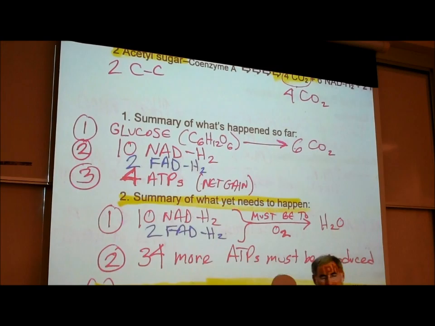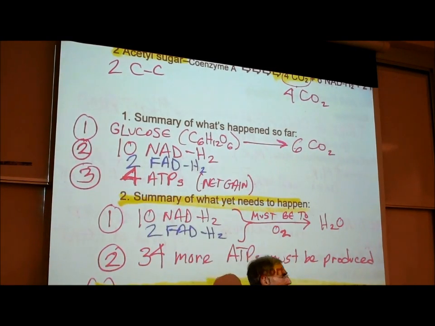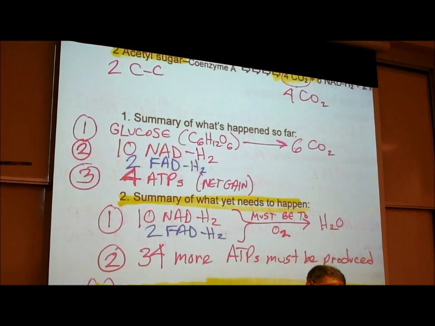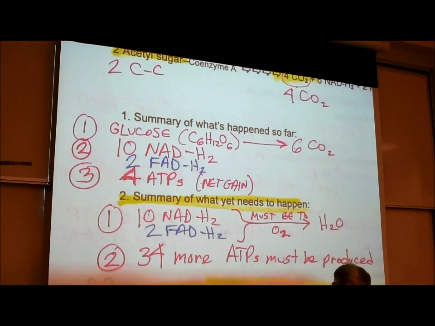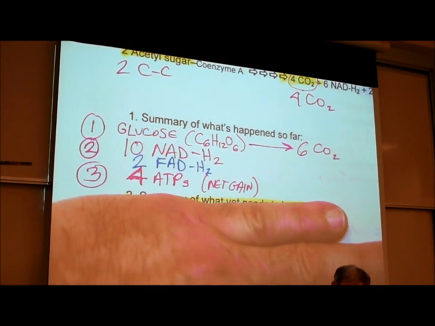I'll show you in just a moment. In addition, 2 FADs, which are the B vitamin riboflavin, have also picked up hot potato hydrogens. And thirdly, there's been a net gain of 4 ATPs. Let's show you where that happened. I'm just focusing on what's happened so far.